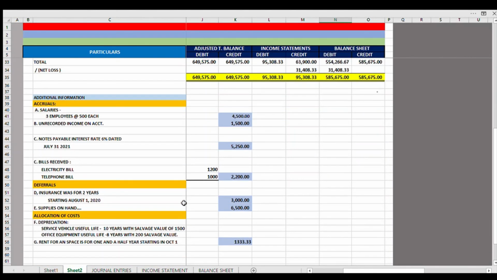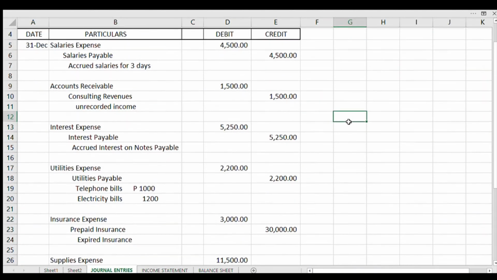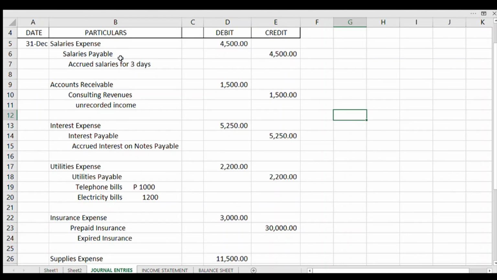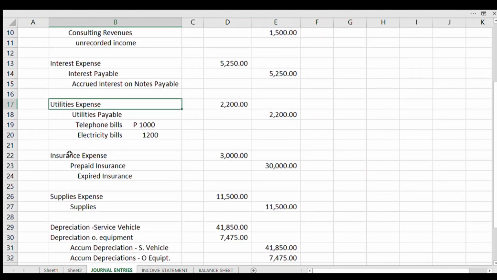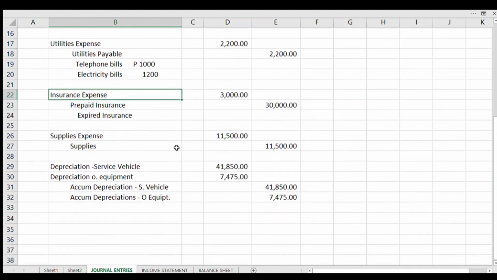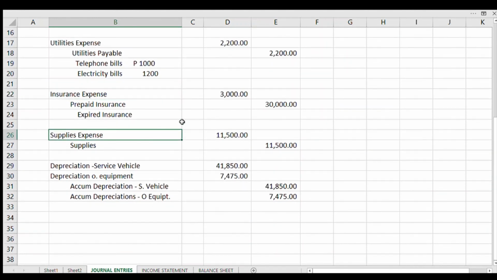So these are the information and this is the corresponding journal entries: the salaries, the accrued income, the accrued interest, the accrued utilities, the expired portion of the insurance, the expired portion of the supplies, and the systematic allocation.